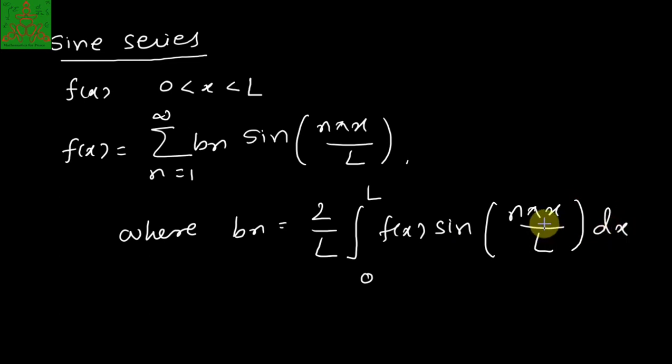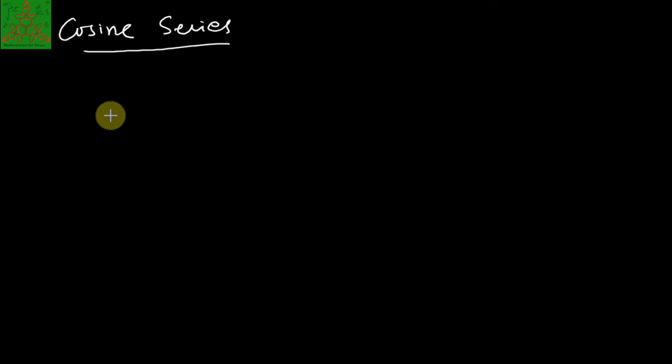In a similar manner, for the cosine series, or cosine half range series, you require a function f of x which is defined over the interval 0 to L, and we are extending this function as a reflection about the y-axis.